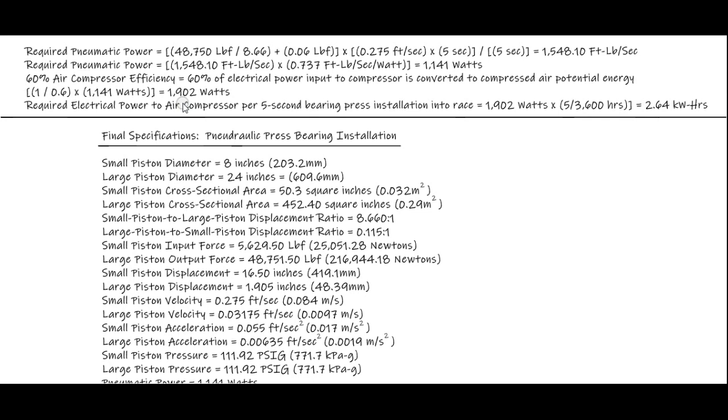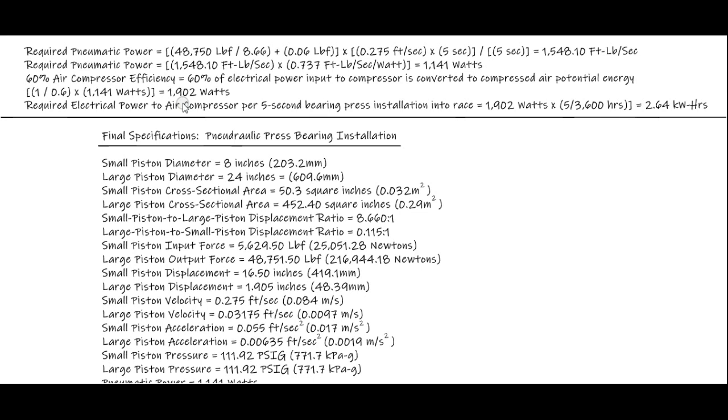And if we wanted to know the kilowatt-hour consumption during the cycle load, we could simply take the 1902 watts and multiply it by the number of hours the electrical power is running. Each cycle is 5 over 3600, which is the number of seconds in an hour.